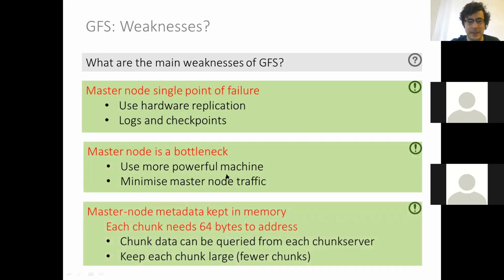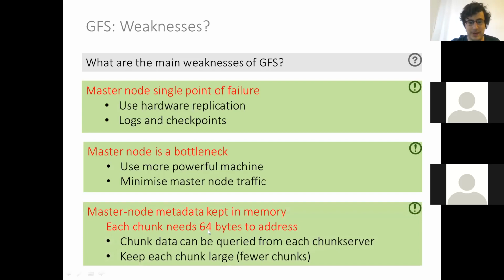The metadata needs to be kept in memory, so each chunk needs at least 64 bytes to address. This puts a limit on the scale of the Google file system, because if we have limited memory on the master node, then we have a limited number of chunks we can store.